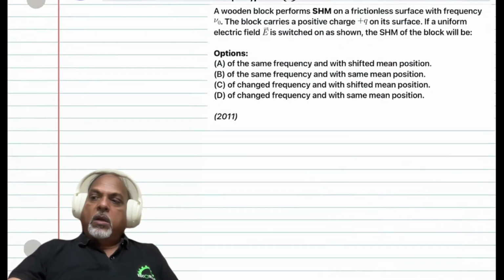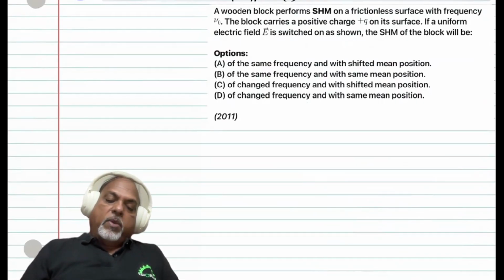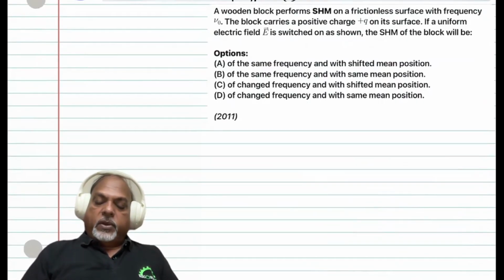A wooden block performs SHM on a frictionless surface. You have a surface, suppose some wooden block is there. It is performing SHM.